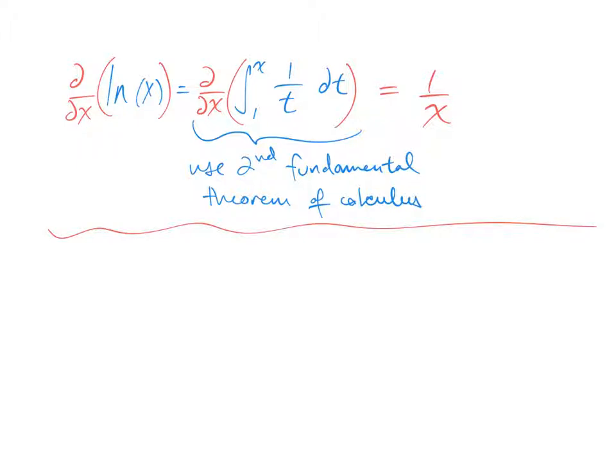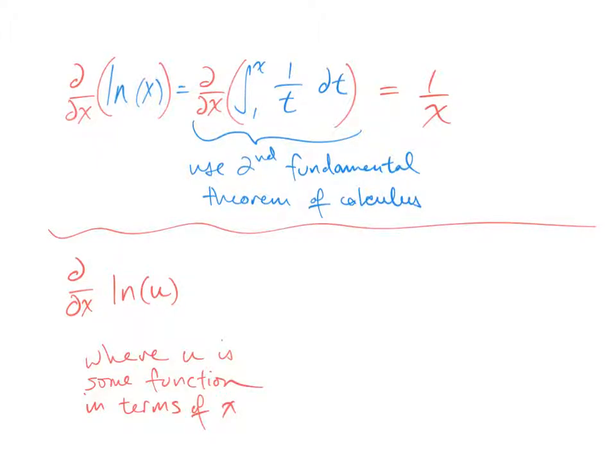To explain what I mean, we will be taking the derivative with respect to x of the natural log of u, where u is some function in terms of x. So if we were going to take the derivative of something and we have another function inside of it, this uses the chain rule. So this would be giving us 1 over u per the definition up here.